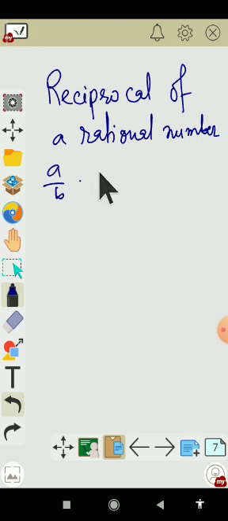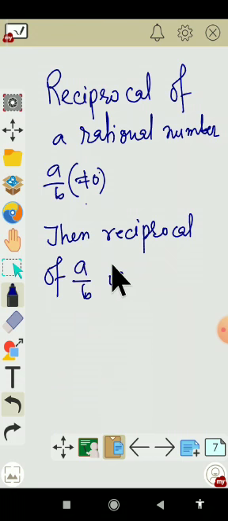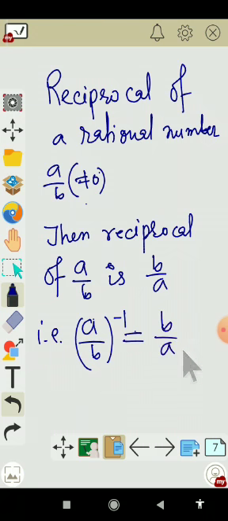If a by b is a non-zero number, then the reciprocal of a by b, that is the inverse of a by b, is b by a. Symbolically, we write that the inverse of a by b is b by a.